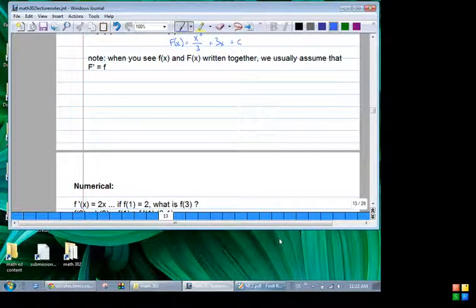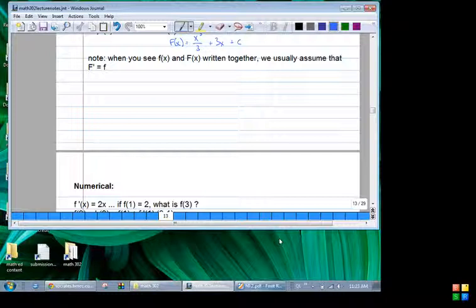Okay. So once again, we're starting with our expression, f prime of x equals 2x. If f of 1 equals 2, what is f of 3? Now, remember that I said I want to do this numerically. So yes, I know we know how to solve for the function f of x, and we could use that. I don't want to do it that way.